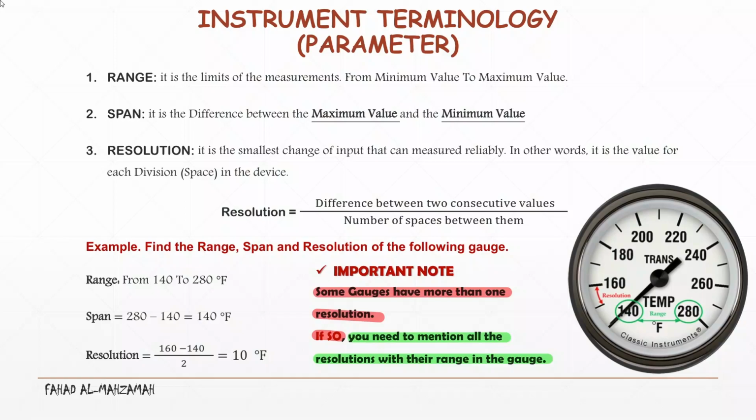It means that if the resolution from 180 to 200 is, let's say, 5, and the resolution from 220 to 260 is 10, you will say that the resolution from 180 to 200 is 5 degree Fahrenheit, and the resolution, this is number 2, the resolution from 220 to 260 is 10 degree Fahrenheit. Okay, so you need to mention all the resolutions in the device.